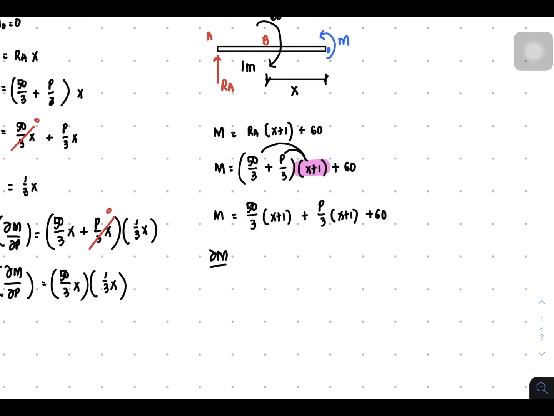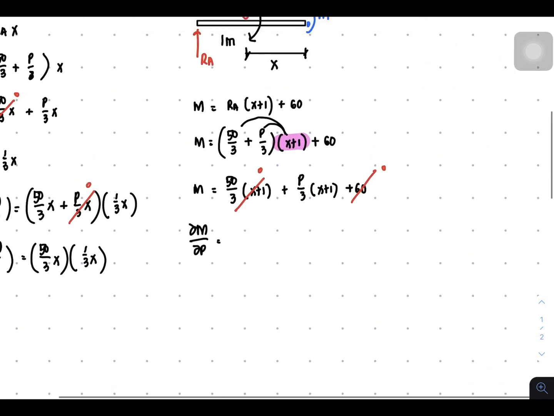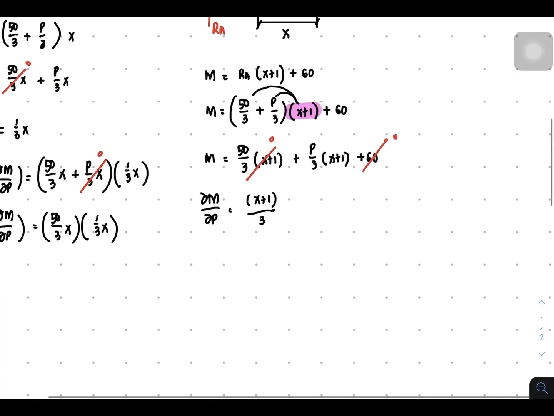And the partial derivative of M with respect to P, so temporarily set the terms without P to 0. Those without P are set to 0. And those with P we derive, get the derivative. So it's going to be x plus 1 over 3, or the partial derivative is x over 3 plus 1 over 3.